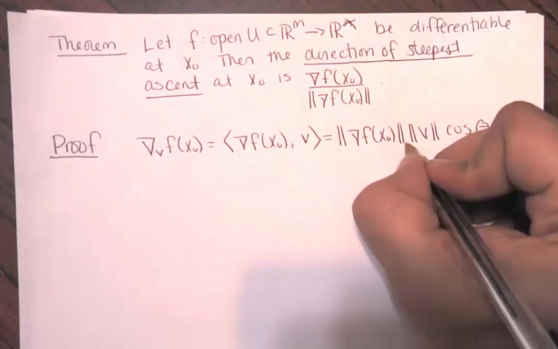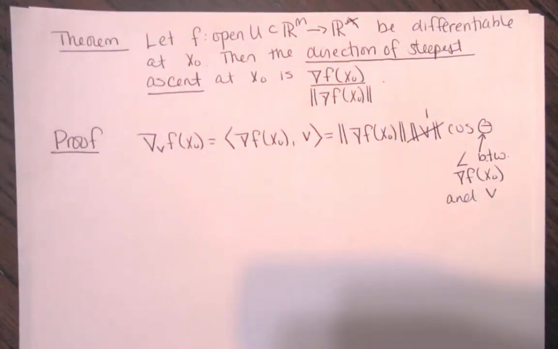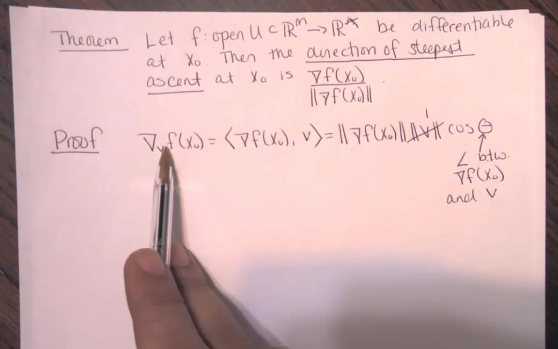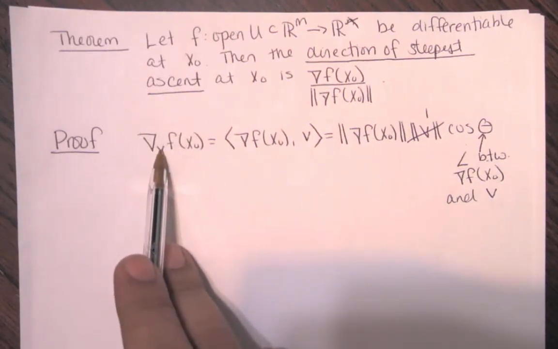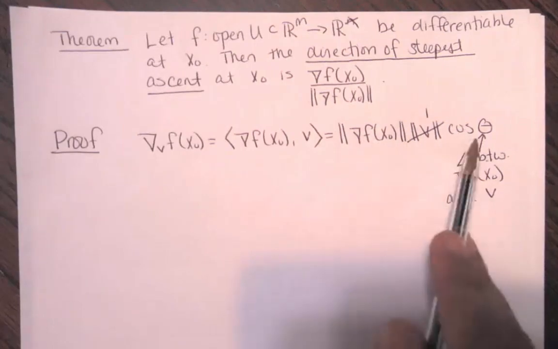Now, the norm of v is 1 by definition of a directional derivative. So if this gives me my directional derivative or slope according to a particular direction, when is this maximized?